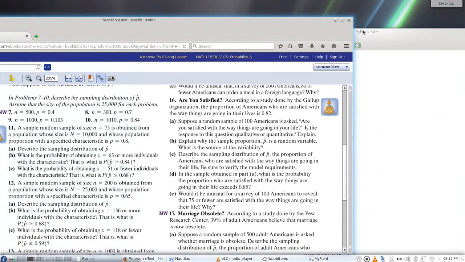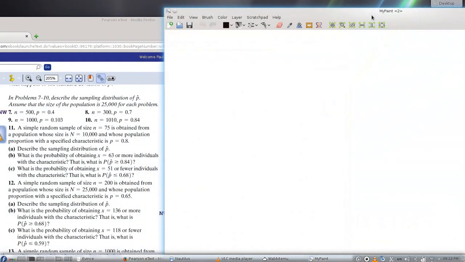Now, in this particular problem, the problem says that a simple random sample of size n, so this is number 11, that a sample size n equals 75 is selected from a population whose size is 10,000.